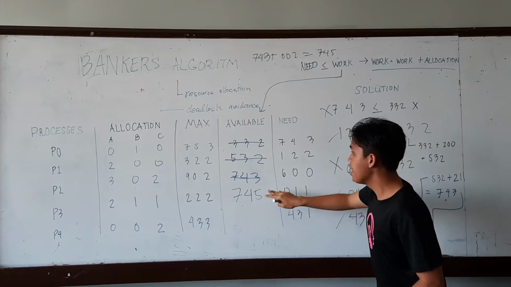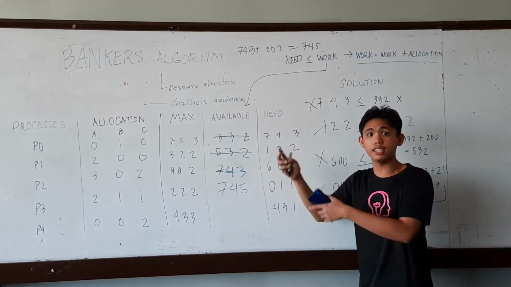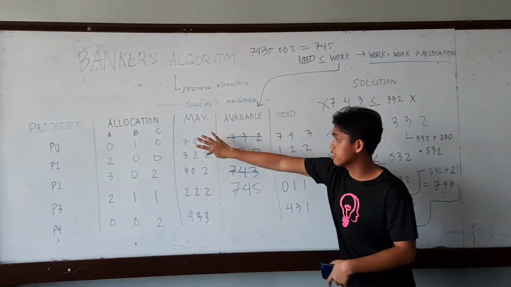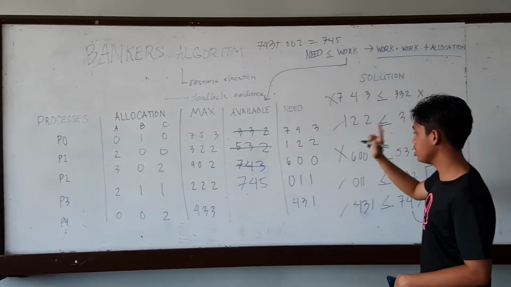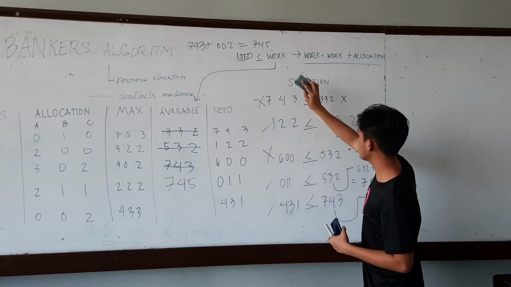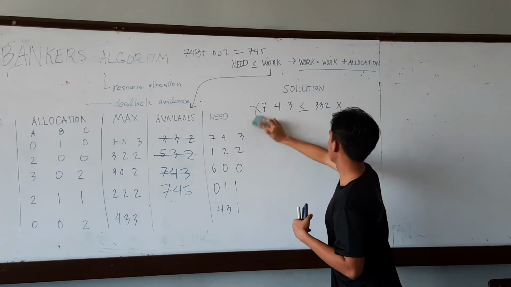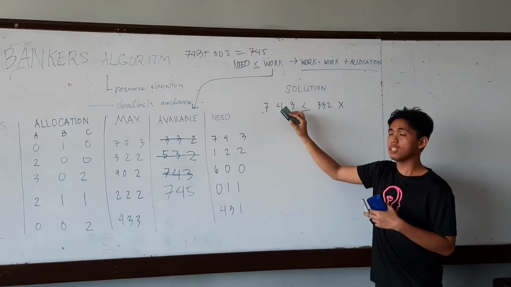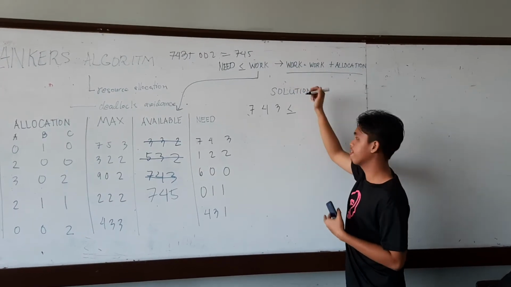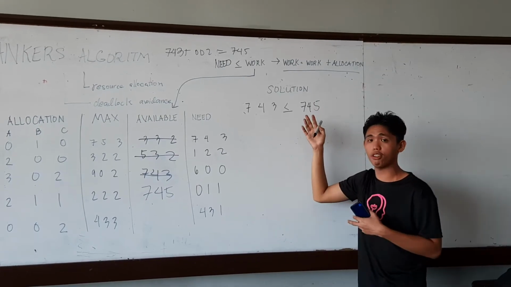Now since this is a basic array principle using a for loop, we will go back to process 0, or P0. So let's go back to here, 743. Since it's not 332 anymore for your work variable, we will use the new available value, which is 745.